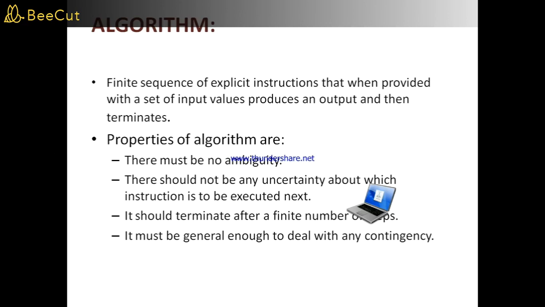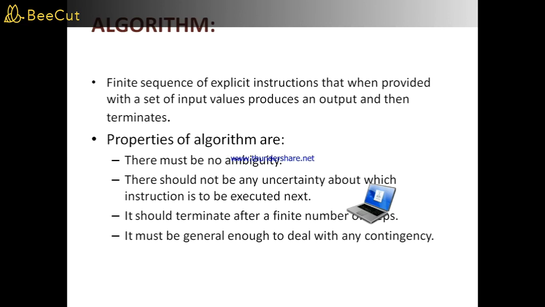The second one: there should not be any uncertainty about which instruction is to be executed next. We have to make sure which instruction has to be executed next. For example, there are 10 steps. The first step, second step, third step should go on like this.